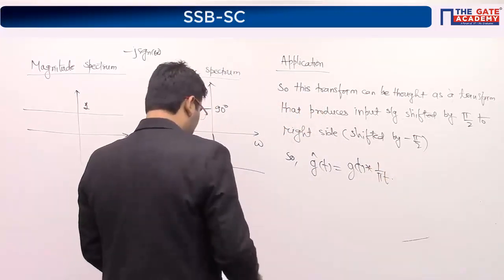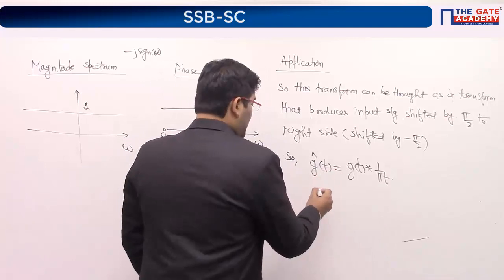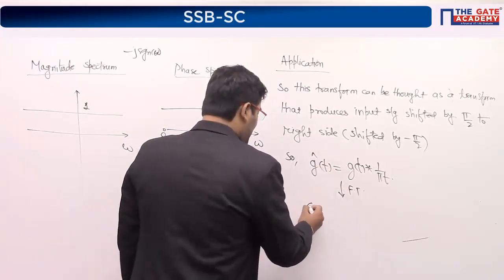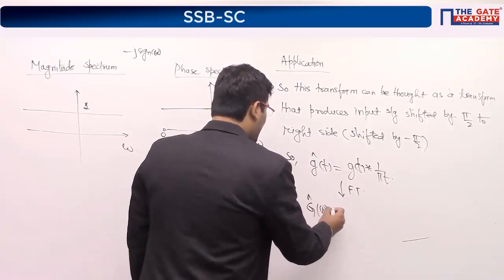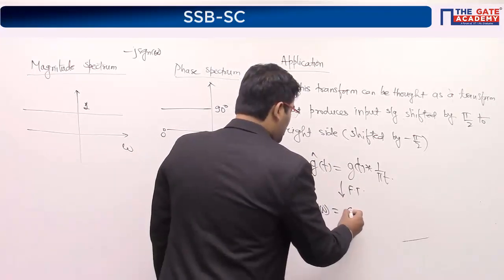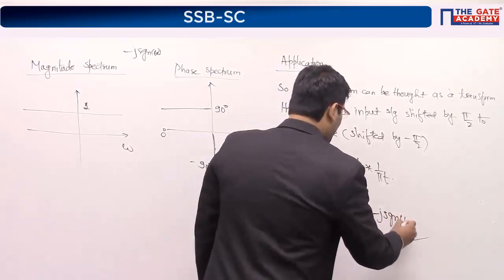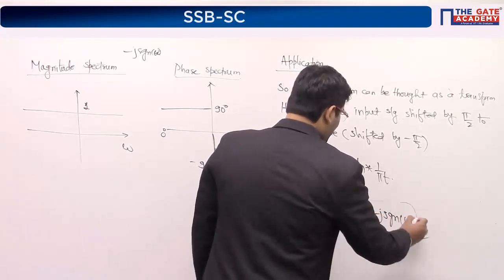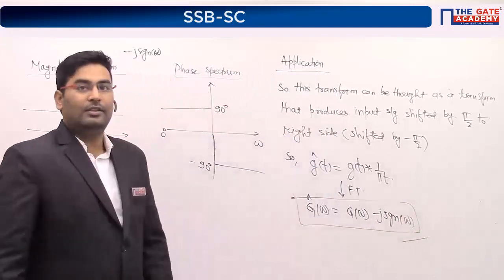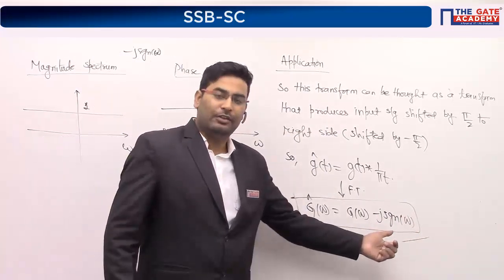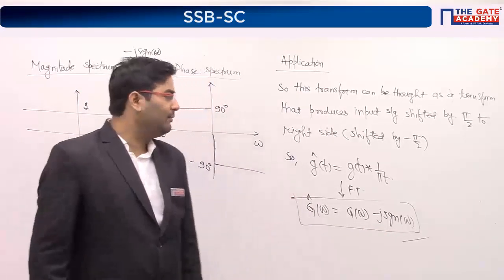So after taking the Fourier transform on both sides, can I write g hat omega equal to g of omega times minus j signum omega? This is a very useful result. It is just like multiplying with minus j signum omega in the frequency domain. Clear?